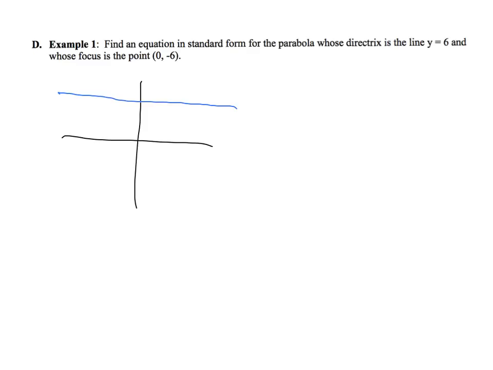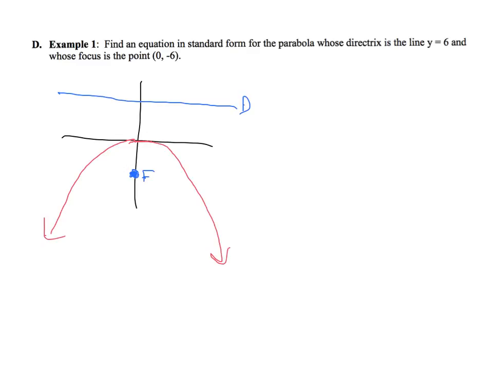And we know the focus is the point (0, -6), so something down there. So the focus, here's the directrix. That means my parabola has to start right in between them. So it's actually going to start at the origin, and most of what we're learning in this video, that will be the case. So my parabola has to surround the focus, so I'd have something kind of like that.